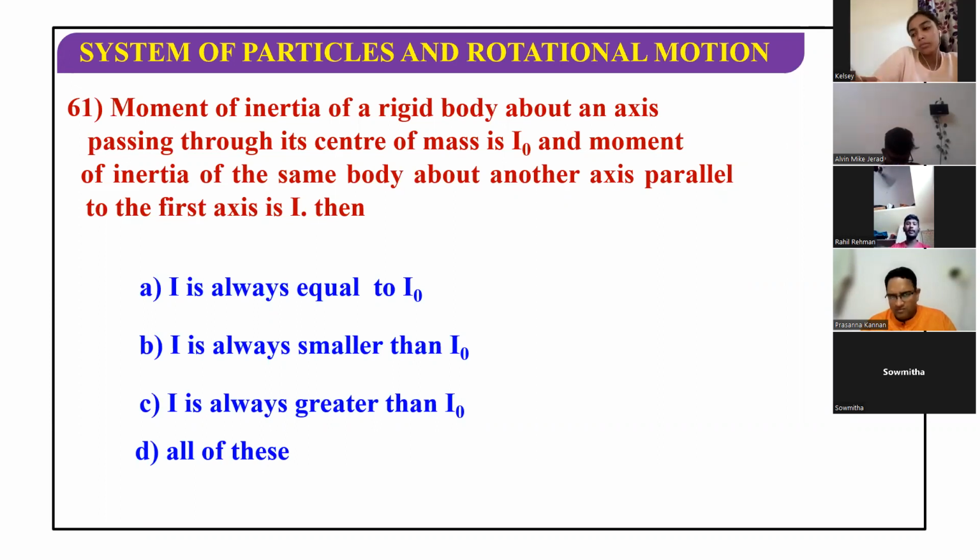So I is equal to I naught plus MR square. So I is MR square added to I naught. So I is naturally, obviously, greater than I naught. So the right answer is the third option. Is it clear to everyone? Yes, sir.